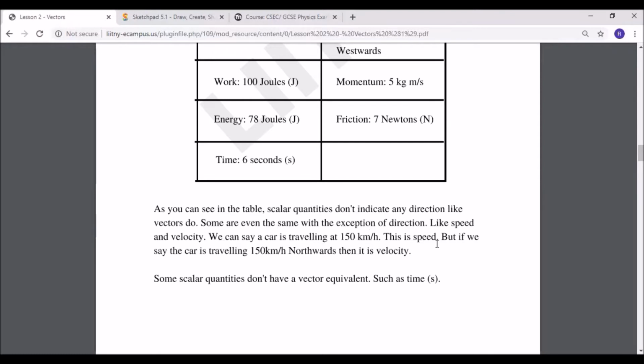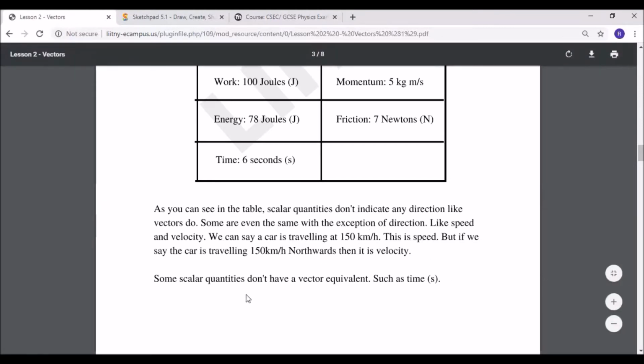This is speed. But if we say the car is traveling at 150 kilometers per hour northwards, then this is velocity. Some scalar quantities don't have a vector equivalent, such as time. So speed has a vector equivalent, which is velocity, but time is a scalar quantity that does not have a vector equivalent.